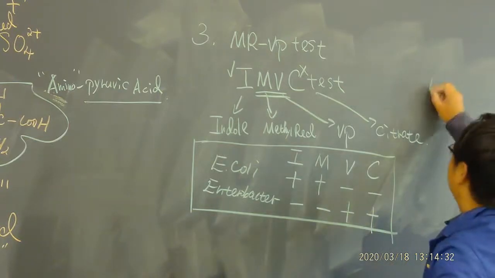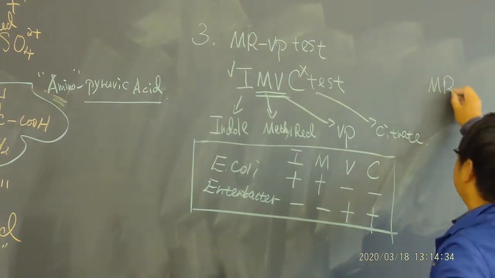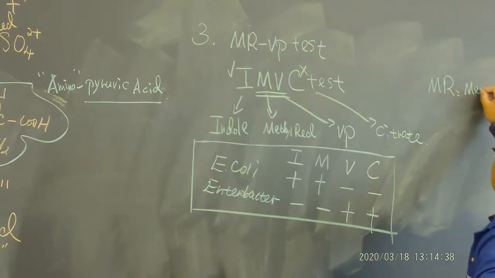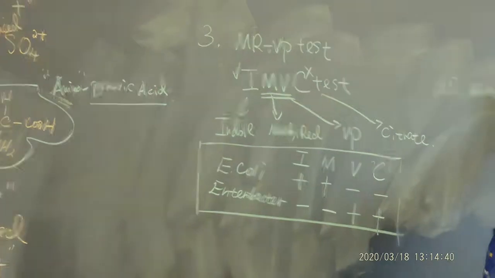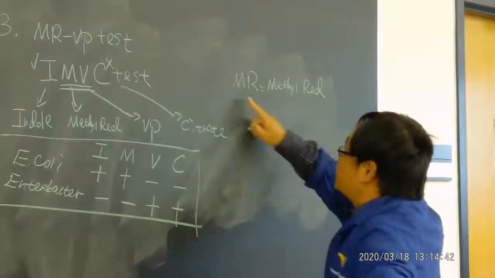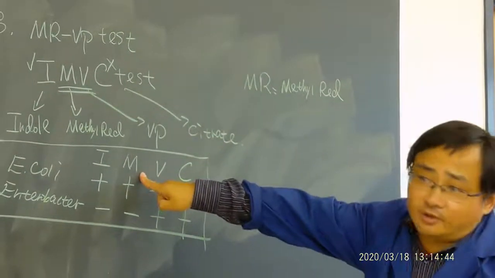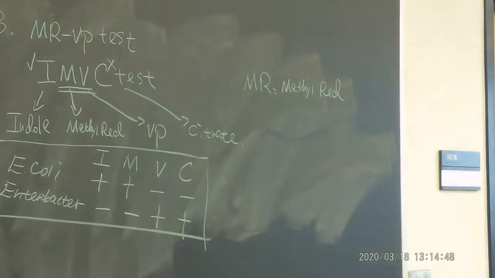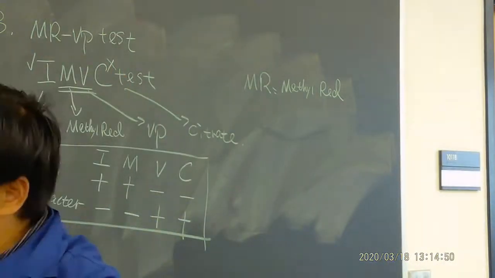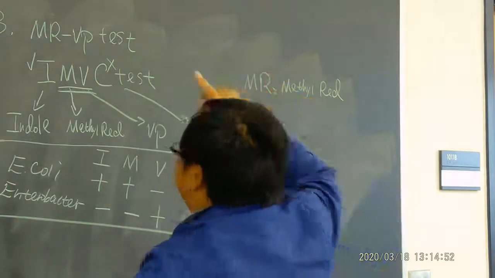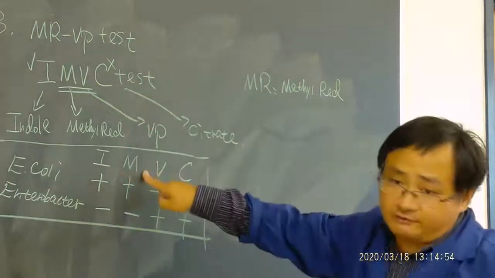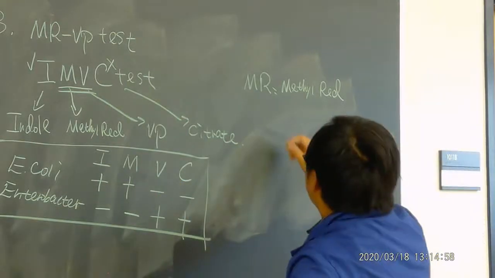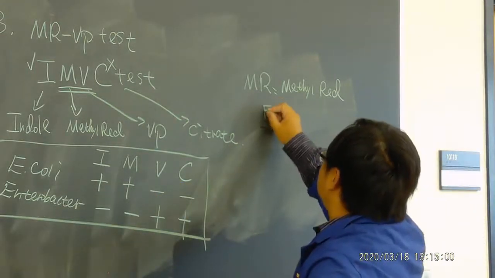So what is the MR test? This is called the methyl red test. Make sure you understand that this M is not motility. In the SIM test, M is motility. But in MRVP, or IMViC, this M is methyl red. So what is methyl red? This is about the fermentation products.